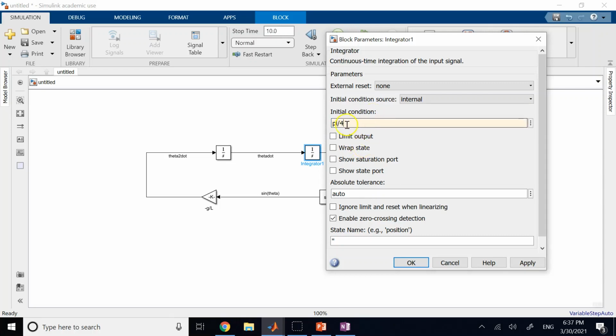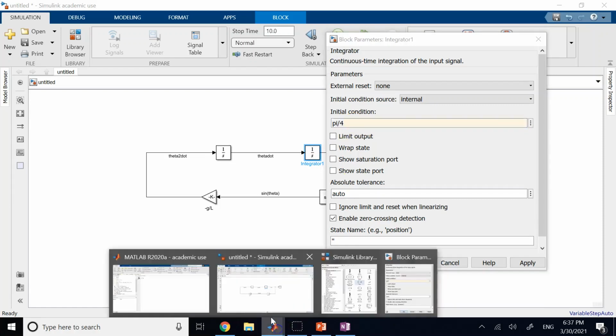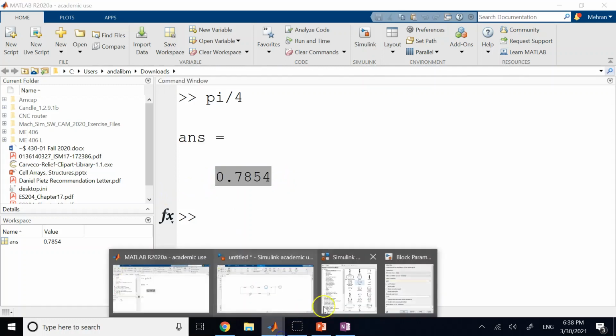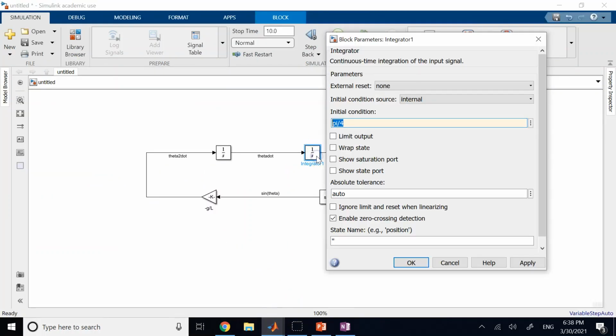By the way, if something is like pi over 4 or a bunch of numbers multiplied, divided, or anything, you do not need to go in a calculator and first calculate pi over 4 and then copy this number and come here and paste it here. You don't need to. MATLAB, wherever it asks you for something, has a built-in calculator.